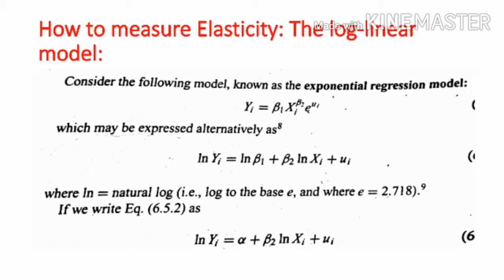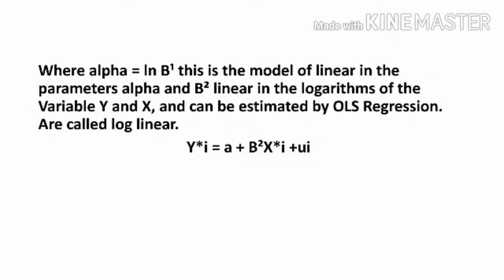If we write the equation as ln yi is equal to alpha plus beta 2 ln xi plus ui, where alpha is ln beta 1, this is a model linear in the parameters alpha and beta 2, and linear in the logarithms of the variables y and x.